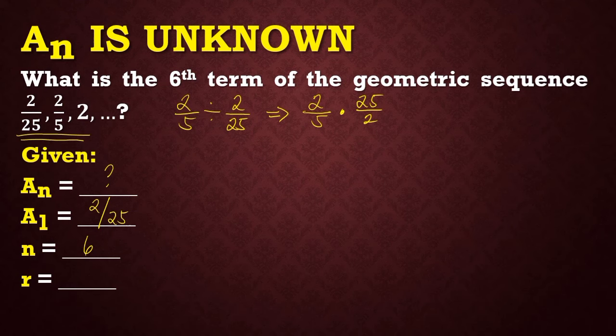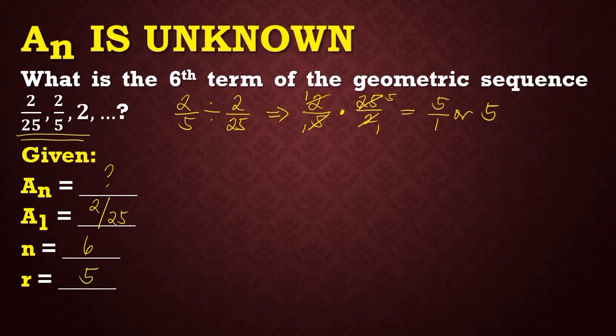And then, magka-cancel tayo dito, cross multiplication, 2, tsaka 2. So, 1 na lang pareho yan. Then 25, tsaka 5, common factor na greatest common factor is 5. So 25 will become 5, and then 5 will become 1. And then yung mga natira, 1 times 5, that is 5. 1 times 1, that is 1. So 5 over 1 or 5. So you can see, yung common ratio natin is 5.